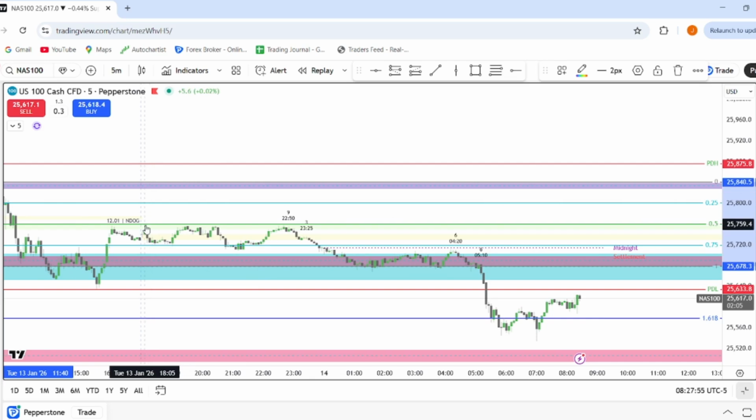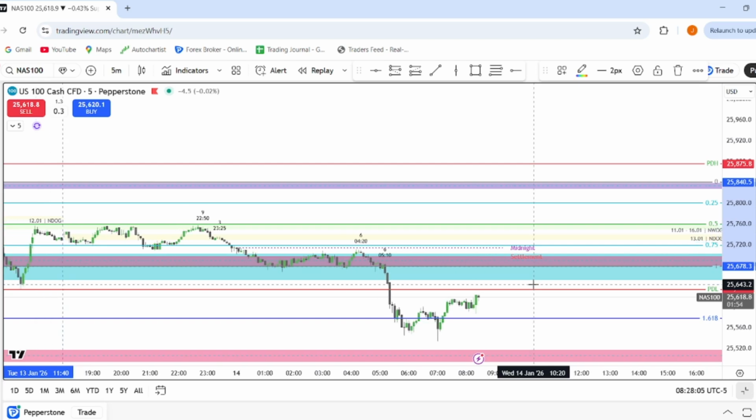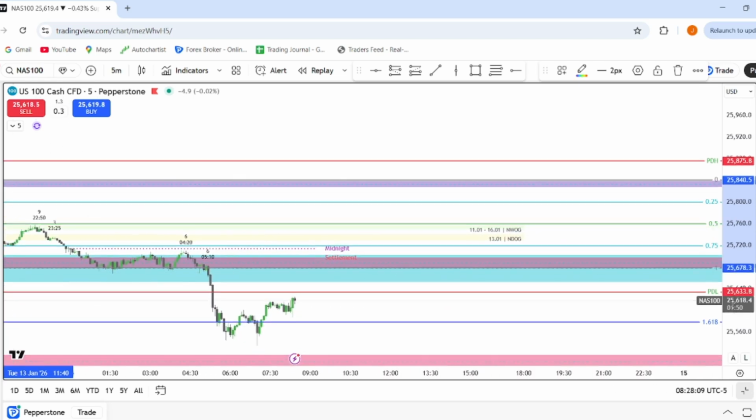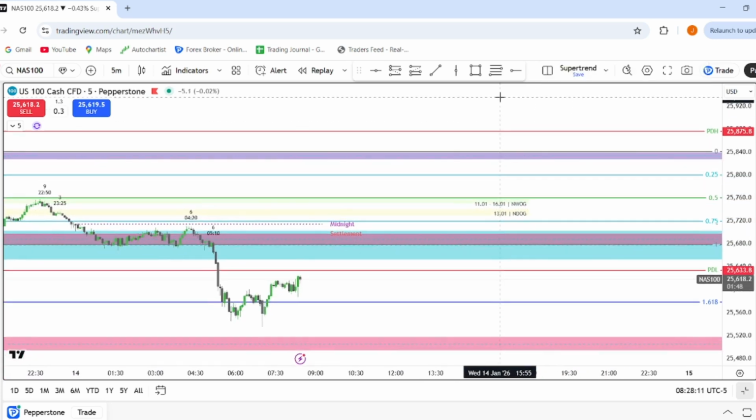As you can see, price has kind of been bouncing off the 50% of that range. It's gone through the bottom. This blue area box is a 1 hour fair value gap. And it's reached the extension now.